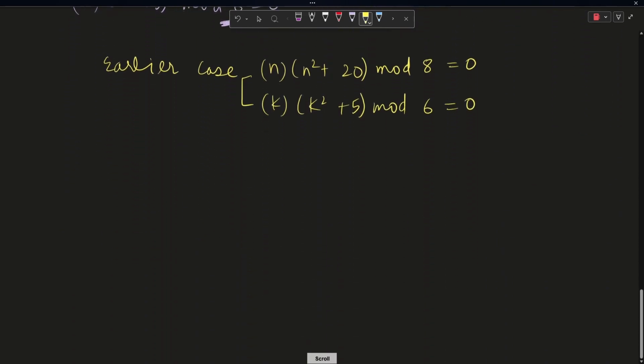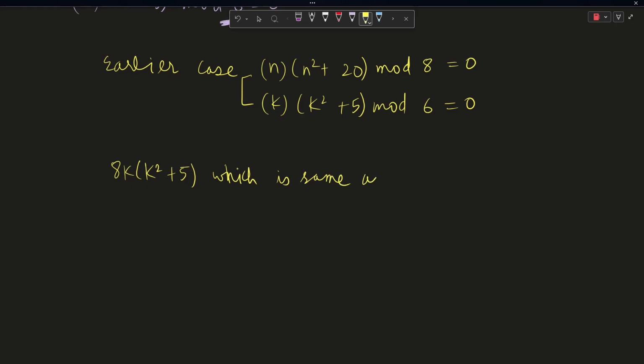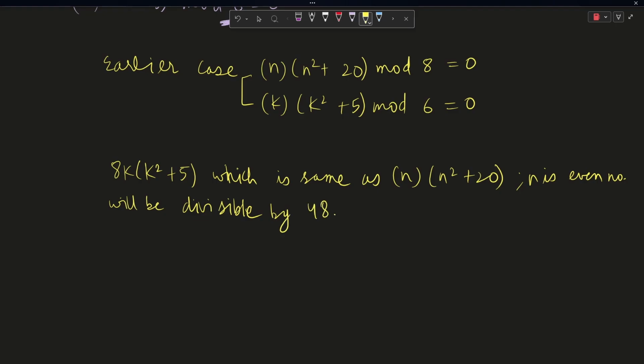So I can say that 8k into k square plus 5, which is the same as n into n square plus 20, where n is an even number, will be divisible by 48, right? Hence proof.